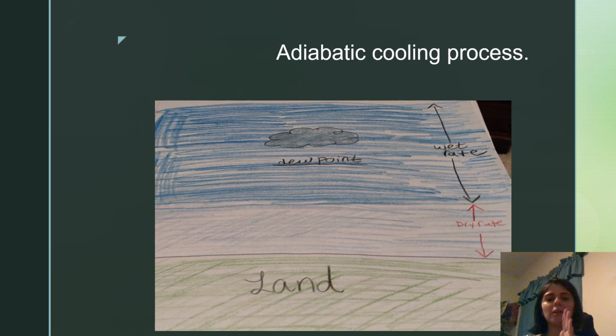And once it rises first to the dry rate, and then reaches the dew point and through to the wet rate, once you're past the dew point is where clouds will begin forming. And the cloud formation is what allows us to have the precipitation.